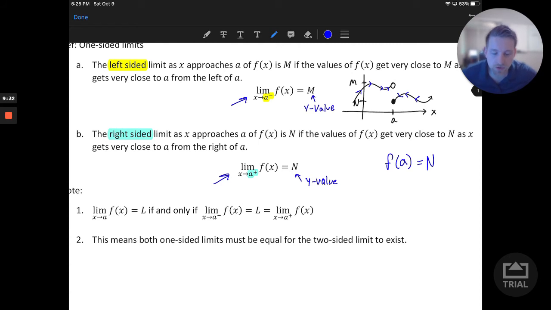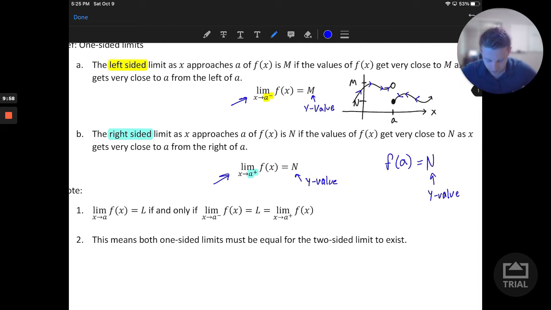This third question is where are we actually defined? And here we would say we're defined f of a at the value n. Again, that's a y value. Okay, so those are our two one-sided limits. It's kind of a tongue twister.